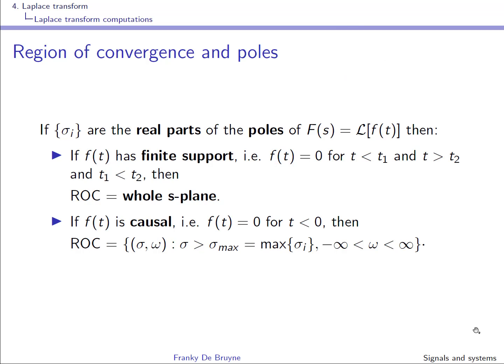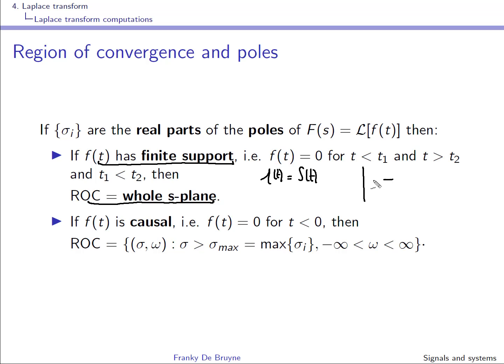So we have already seen an example of a function of finite support that has a region of convergence which is the whole S-plane. It was the Dirac impulse, delta t.